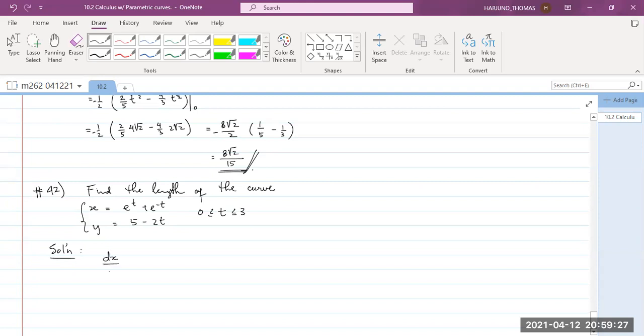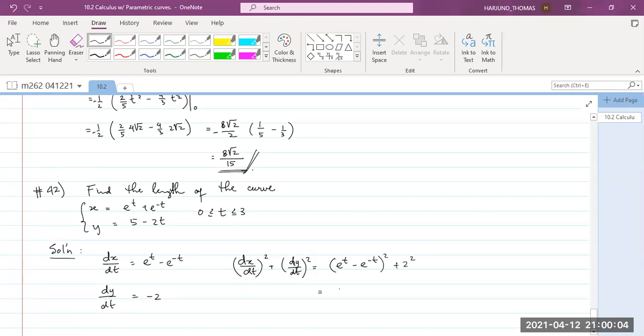dx/dt will be e to the t minus e to the negative t. dy/dt is negative 2. So dx/dt squared plus dy/dt squared is (e to the t minus e to the negative t) squared plus negative 2 squared.